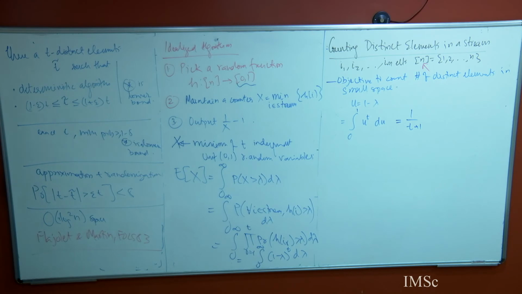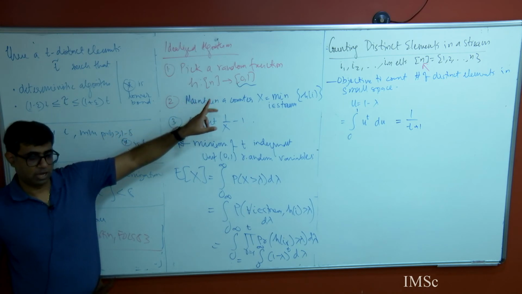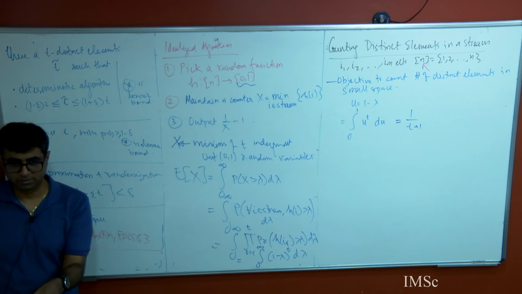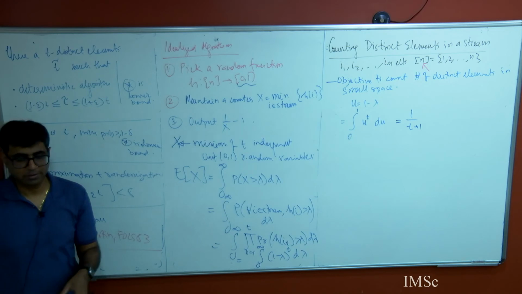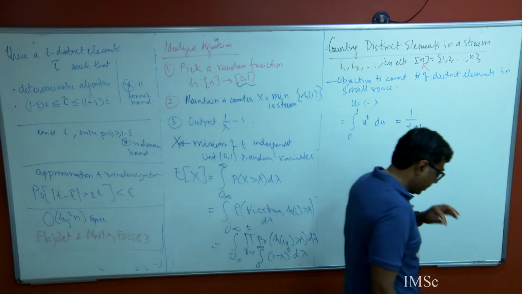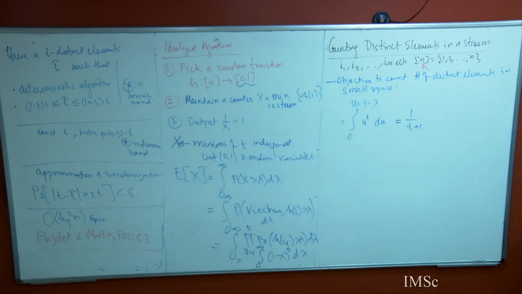So there are several ways of looking at it. I picked a random hash function for 2 reasons. For every element I only wanted to map to a certain place, and I'm independently assigning these things.